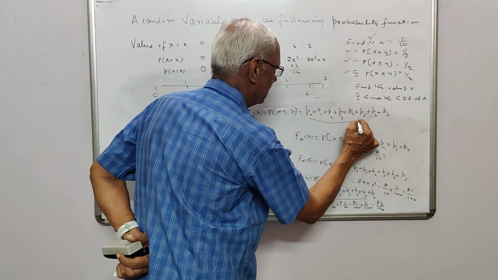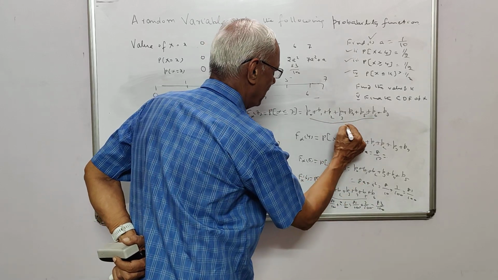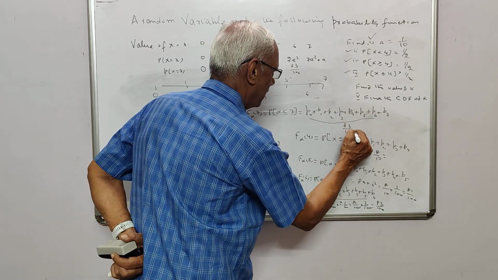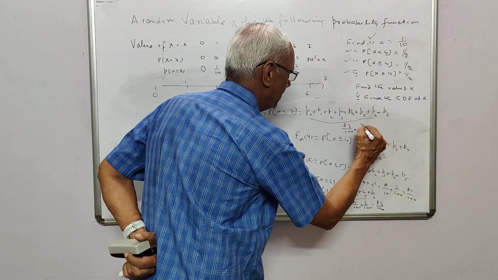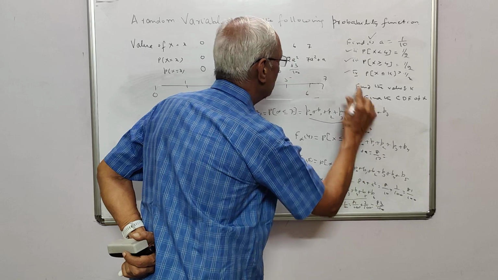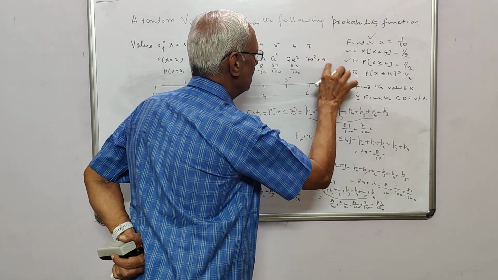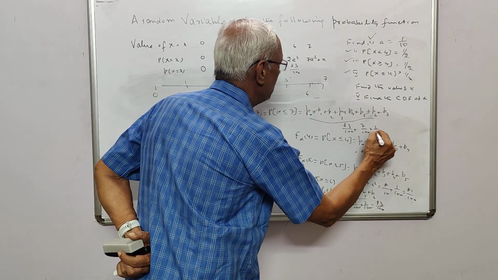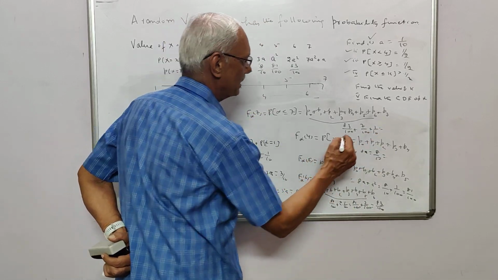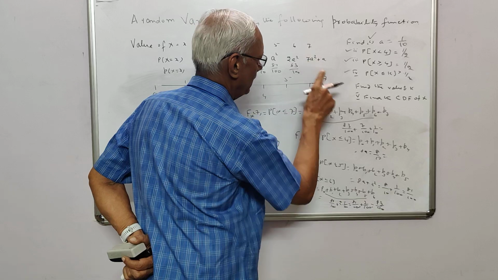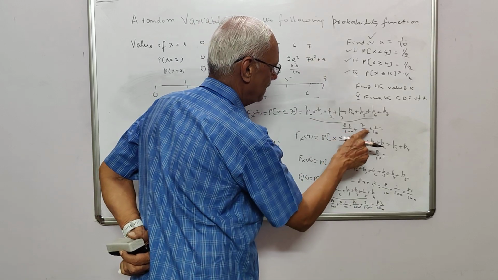Up to this it is 83 by 100. Now accumulate: plus this is how much? It is 7 by 100 plus this is 1 by 10. How much do you get here? Okay, this is 83.